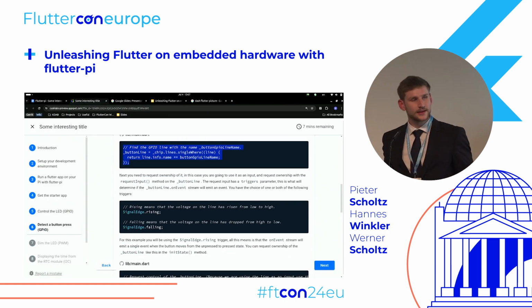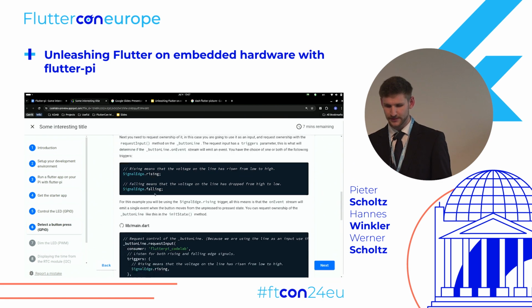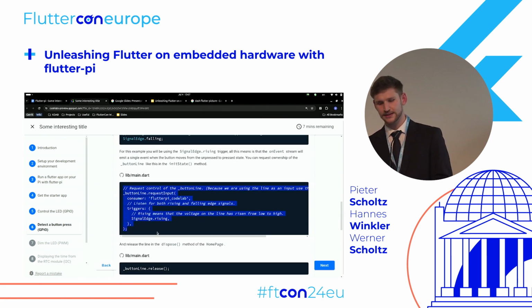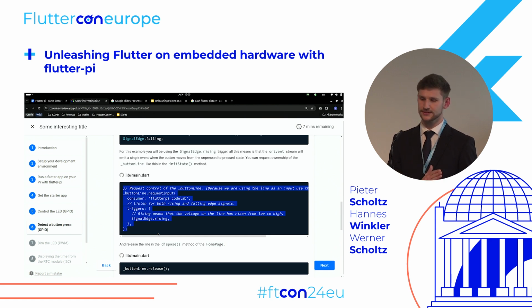So Flutter GPIO has a request input method, which basically adds a listener to the GPIO pin, and when it detects a signal edge that's rising or falling, it will create an event that we can listen to on a stream.